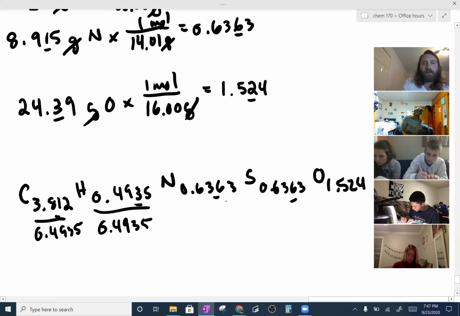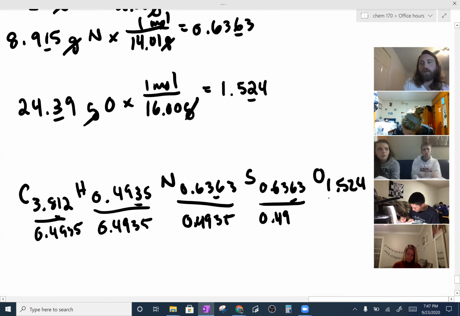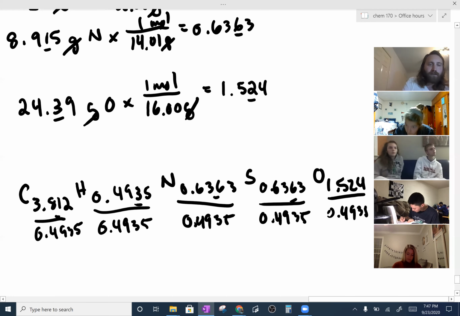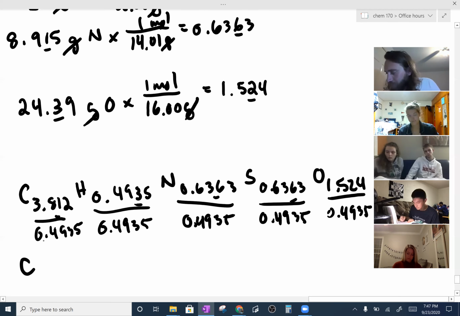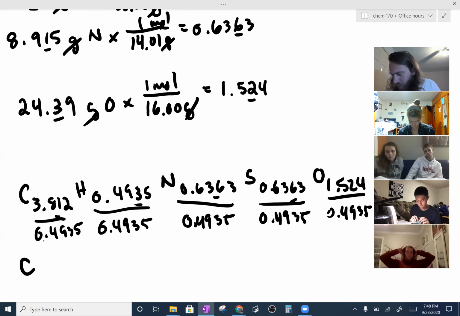So from this we get carbon 3.812 divided by 0.4935 is equal to 7.72.